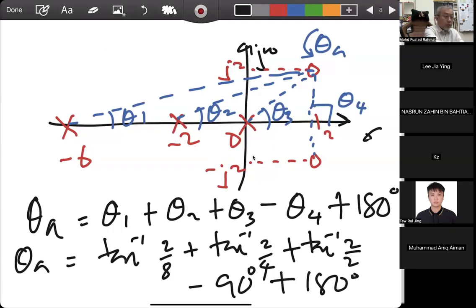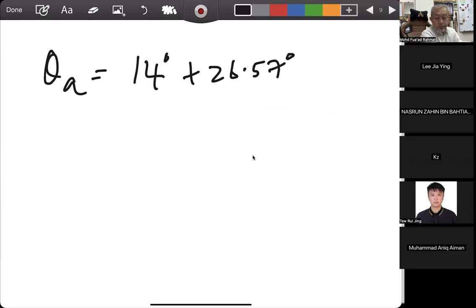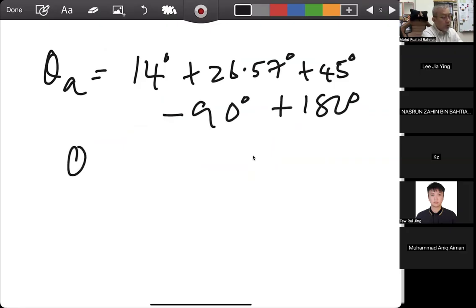Okay, so theta A is 26.57 degrees plus 45 degrees minus 90 degrees plus 180 degrees.